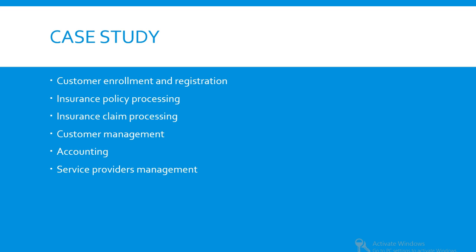Let's say, for example, Chang & Co. is a large motor insurance policy provider located in North America. The company uses a software system to perform all their operations which are associated with insurance claim processing. The system consists of various modules including customer enrollment and registration, insurance policy processing, insurance claim processing, customer management, accounting, and service providers management.